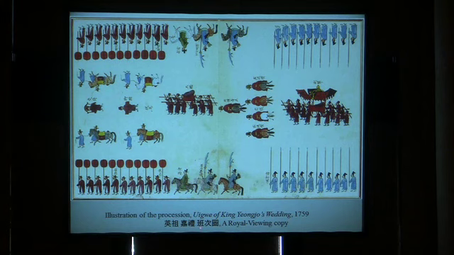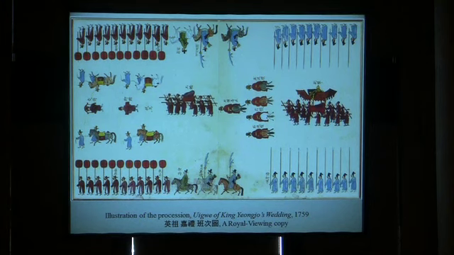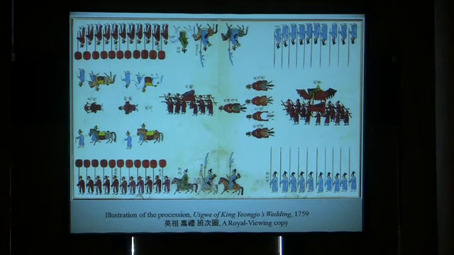And actually, this is called banchado in Korean, which means that everybody, according to his rank, has a place to stay in a procession. So it's translated as rank positioned painting.